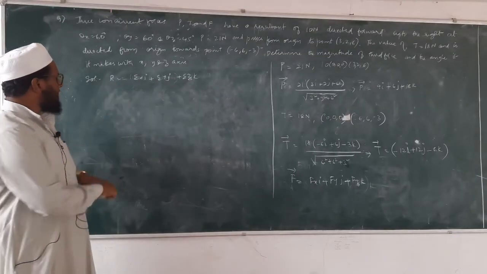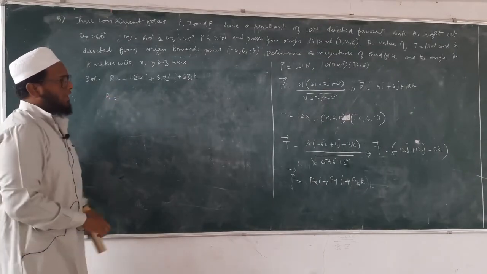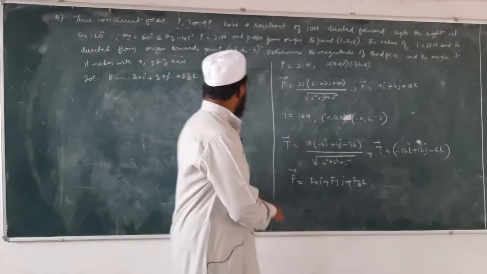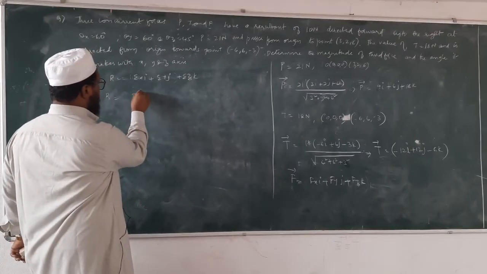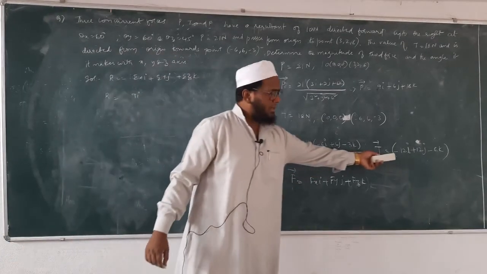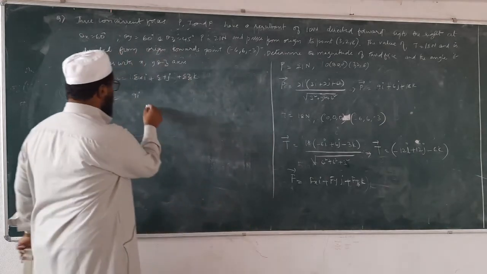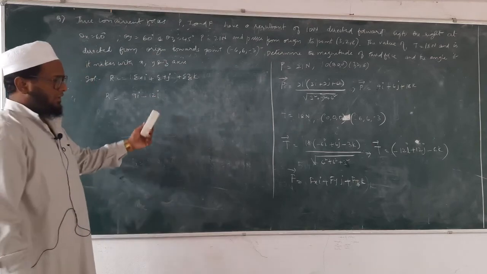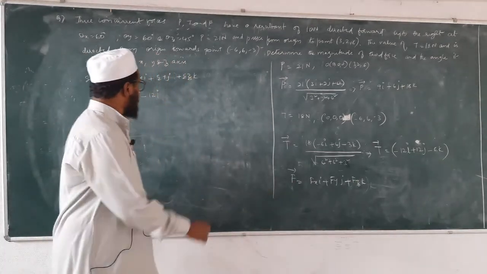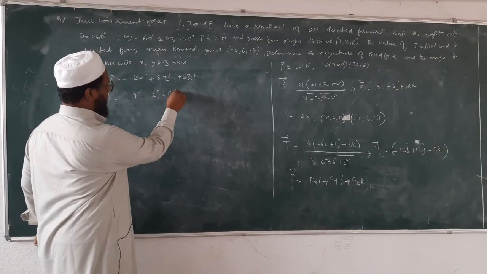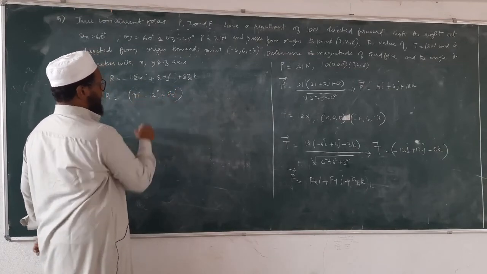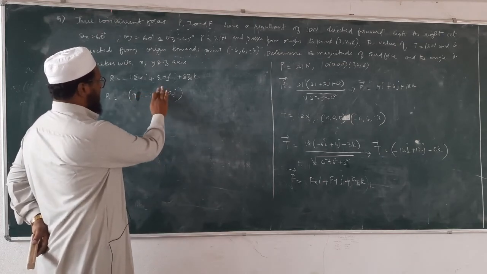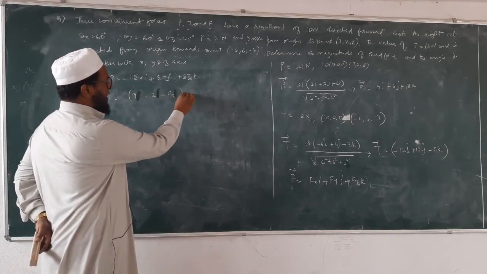So resultant R is equal to sigma x, that is 9i minus 12i, then plus Fxi, or else I can write here, instead I'll write i outside.